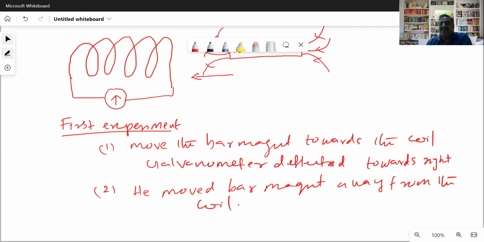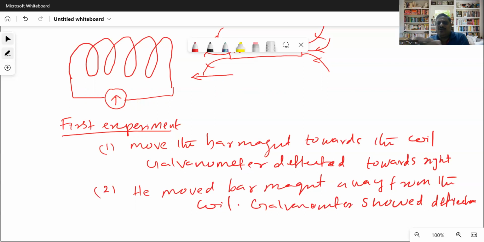What is the meaning of that? The galvanometer showed opposite deflection, which means the current is reversed, right? Current flows in the opposite direction. The induced current moves in the opposite direction through the coil.